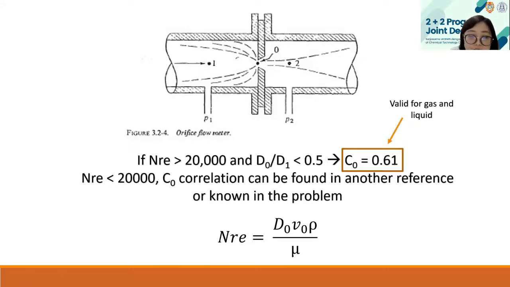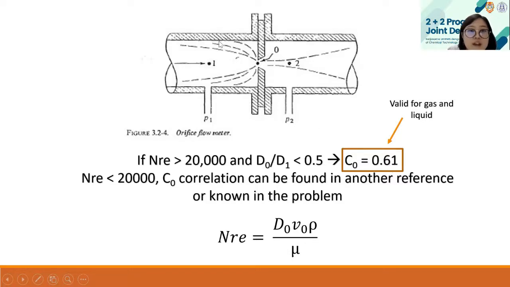So if the NRE is higher than 20,000, and DO is 1 centimeter, D1 is 10 centimeter, so DO over D1 is 0.1, which is less than 0.5. Also CO is 0.61.